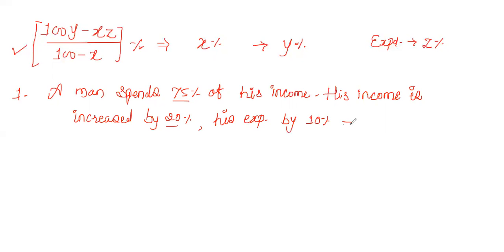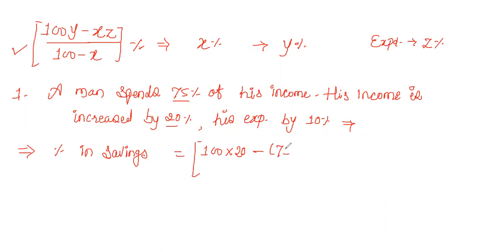Now at this place we are calculating how much his saving increased, how much increment happened in it. So percentage increase in his savings is equal to, so what is that? 100 into y, y is 20%, so it is 20 minus x into z.